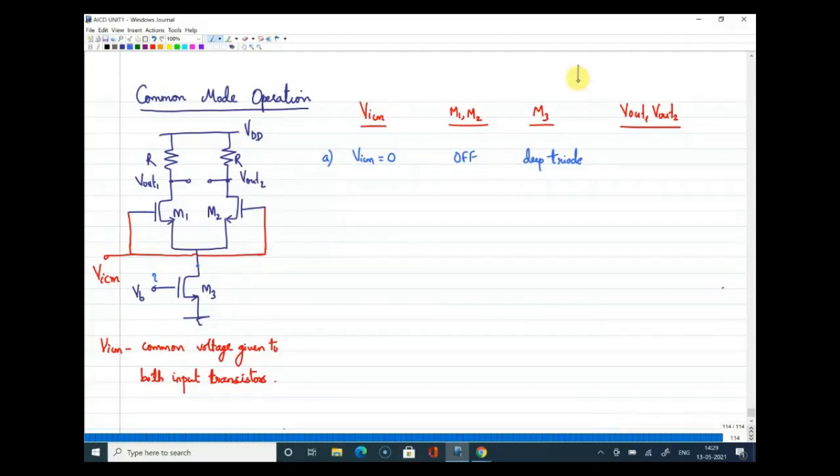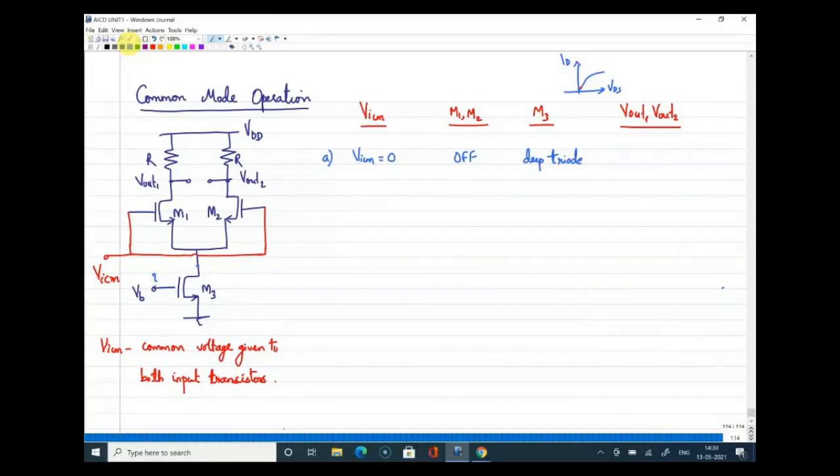If you look at the ID VDS graph, you can assume that this transistor's condition is somewhere very close to the cutoff region, because the VDS is very small, and there is a gate voltage connected. Anyway, that doesn't matter for understanding the operation now. But because a gate voltage is connected, I am considering that it is in deep triode region.